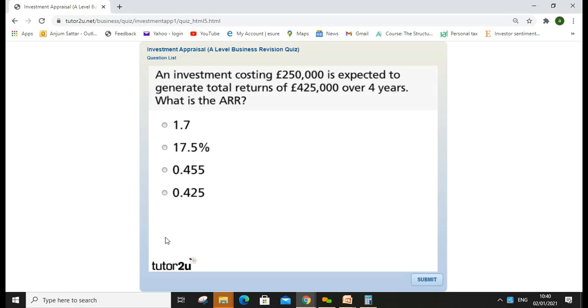What do you think? Will it be A, B, C, or D?